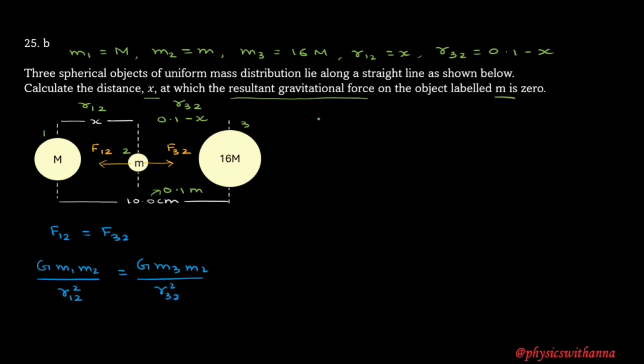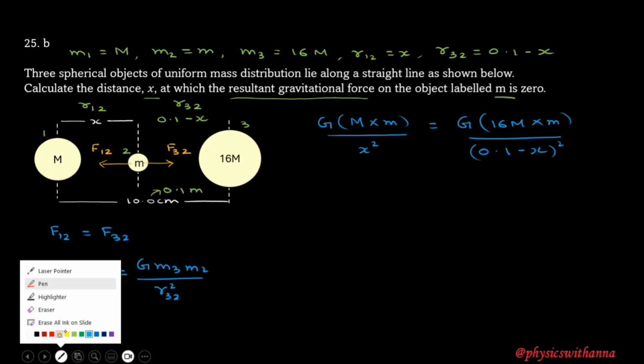Now let's substitute the values. Capital G, m1 is capital M, m2 is small m, distance between them is x squared, equals capital G, m3 is 16M, m2 is small m, distance between them is (0.1 minus x) squared. Now cancel off the common terms.